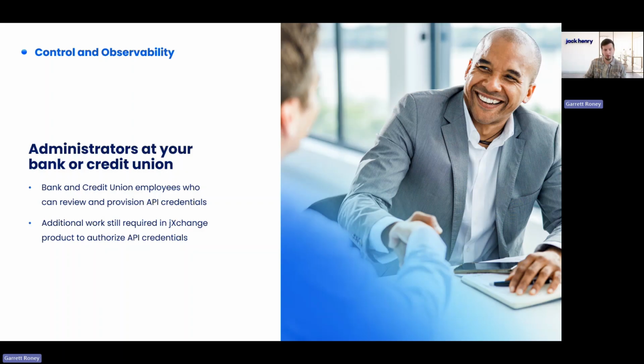You'll be able to create new credentials, and you'll be able to revoke existing credentials. Please note that there is still work that needs to be done on the jXchange side, though. So whenever you provision new credentials, they won't immediately work. There will still be a work effort on the Jack Henry side to get that working. I'll provide more information on that in our second video.